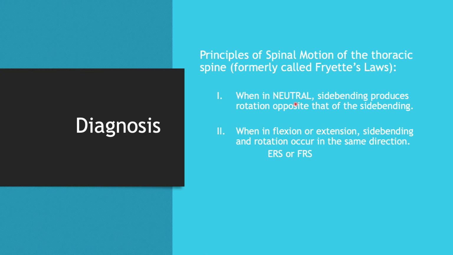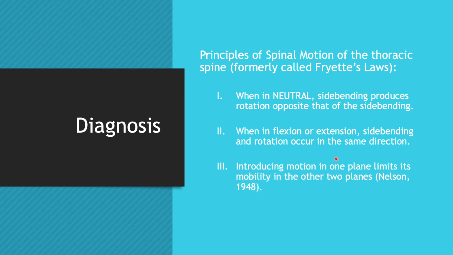So we denote these ERS or FRS. When it's in neutral, it's NSR. So extension, rotated side bend, or flexed, rotated side bend. And flexion and rotation occur in the same direction. So in other words, it's rotated right, side bent right. It's rotated left, side bent left.